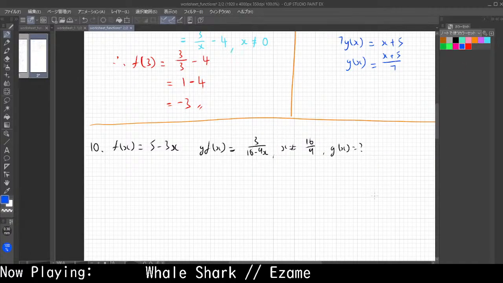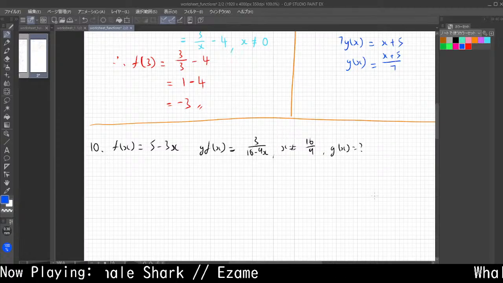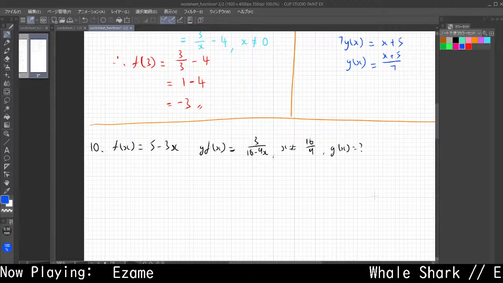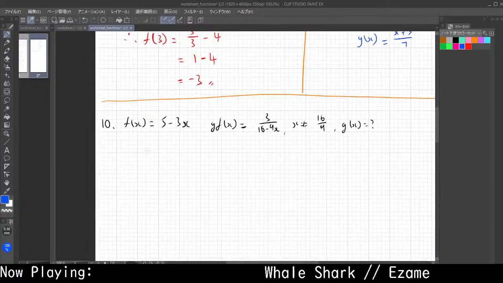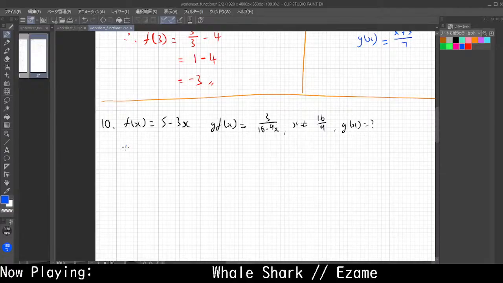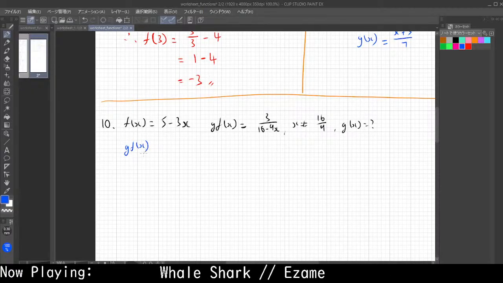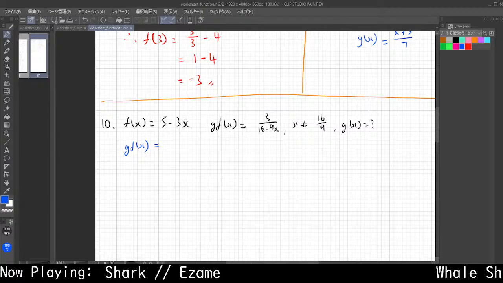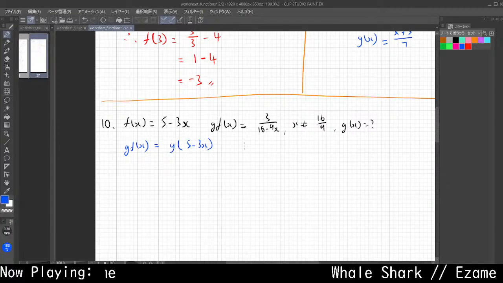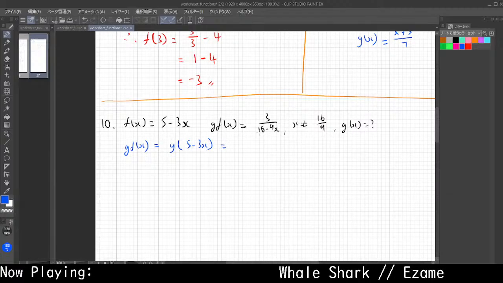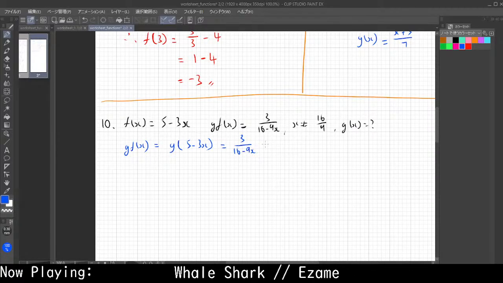Okay, same thing. gf equals to, again, inside first, then outside. This is the one where you let y equal to 5 minus 3x, so g(5 minus 3x) equals 3 over 16 minus 9x.